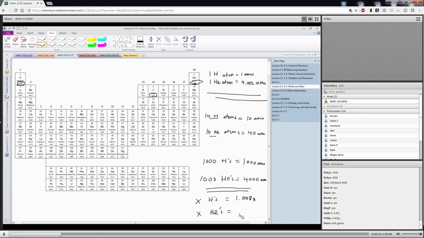Yeah, about 4 grams. Because it's the same relative number, so the masses are going to be the same relative masses. Wouldn't that be convenient? Because then we could use the number on the periodic table.